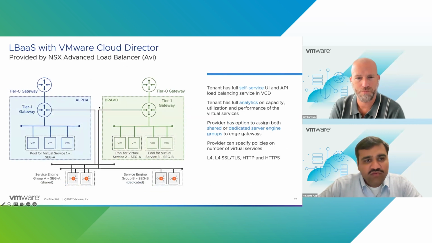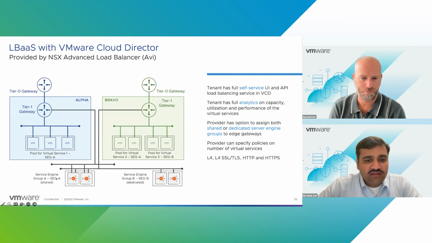So, a quick overview: here we have Alpha and Bravo as two tenants, and they have their own edge gateways, the Tier-1s, and provider gateways. The way the deployment works for NSX Advanced Load Balancer is that the load balancer sits in the management domain, but has a leg in each of these tenants with respect to networking and providing load balancing capabilities. As I mentioned, you can do either shared or dedicated mode.